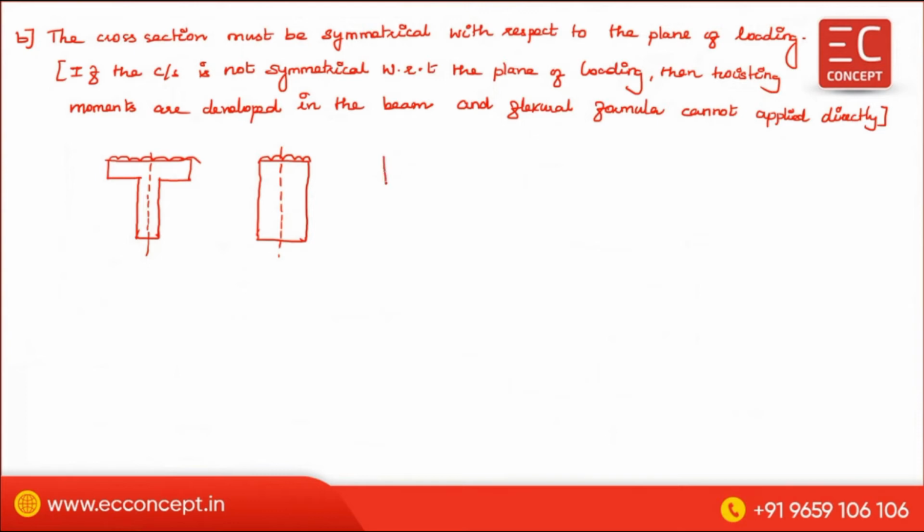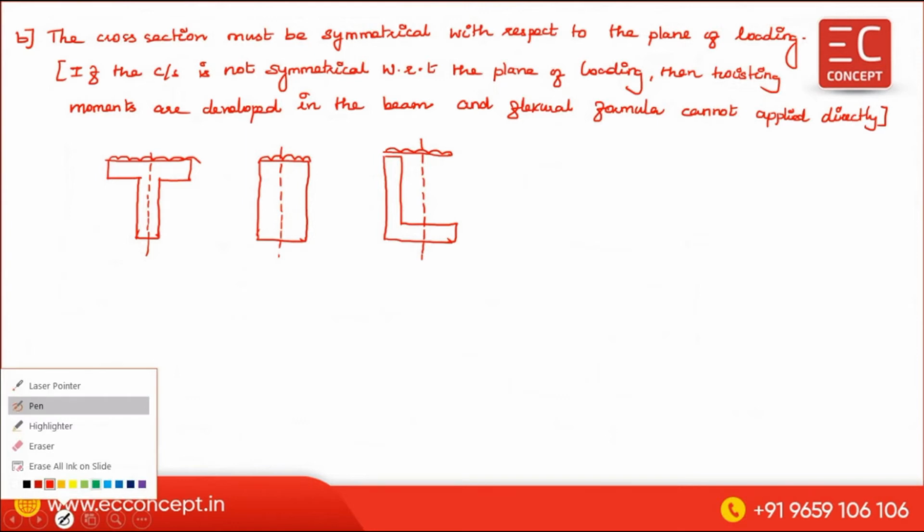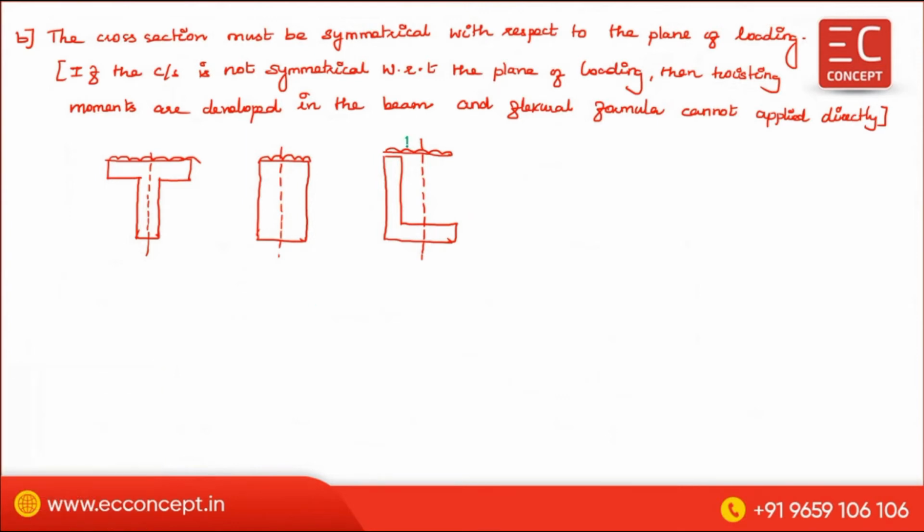But there was an I section, sorry, L section. The L section is not symmetrical here. The load is somewhere here. You know, the centroid of the load and the centroid of the section do not coincide with each other. The centroid of the load is somewhere here. So this is the eccentricity, and this eccentricity produces some twisting moment.